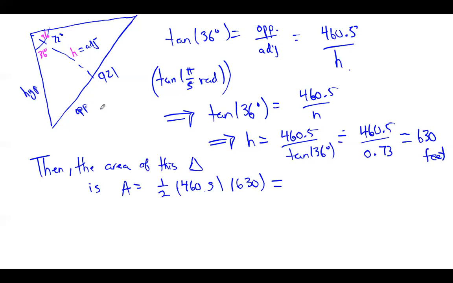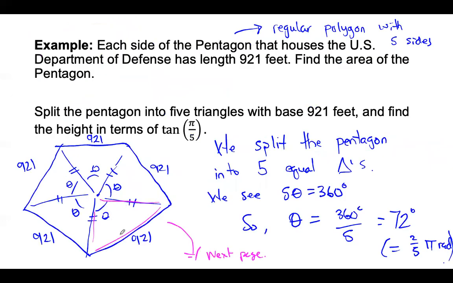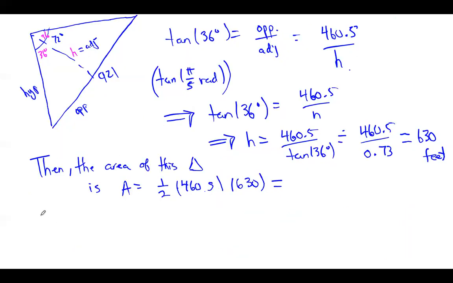But if we go back, we see that's just this part of the triangle. There's 10 of them, so we multiply it by 10. Did anyone calculate this number?